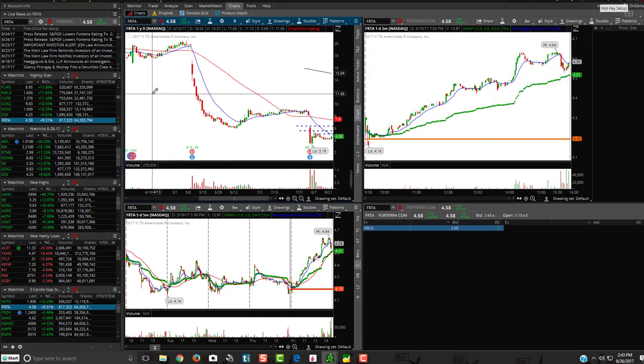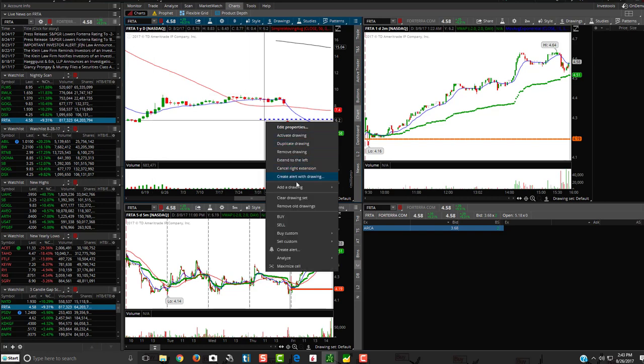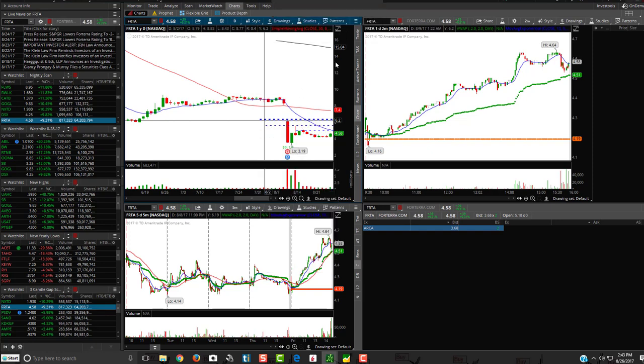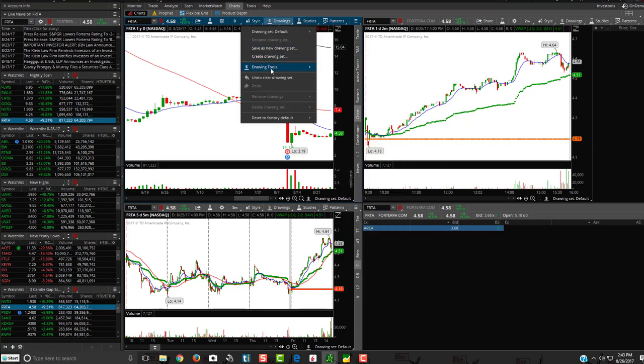FRTA. So this one could be almost building almost like a symmetrical triangle.